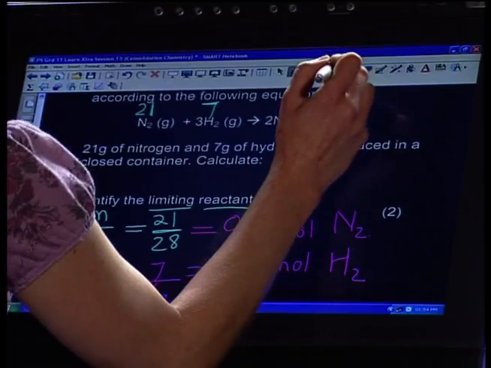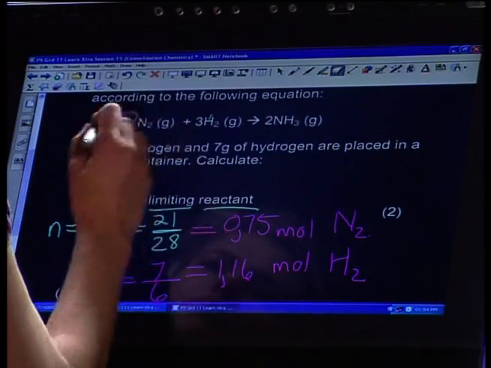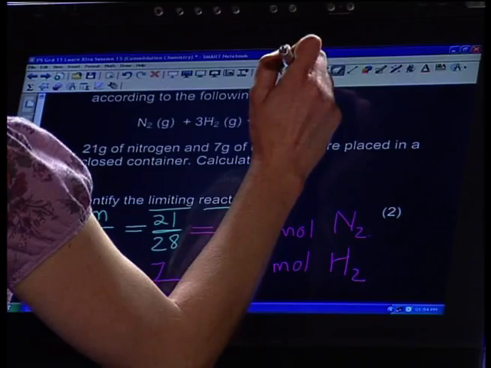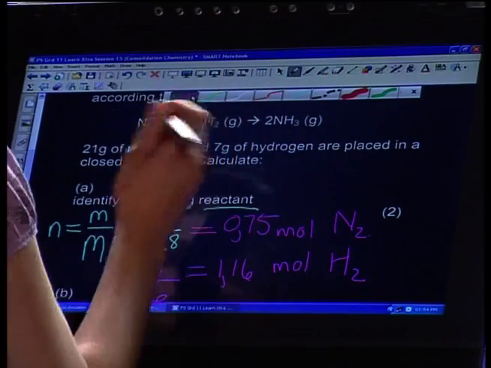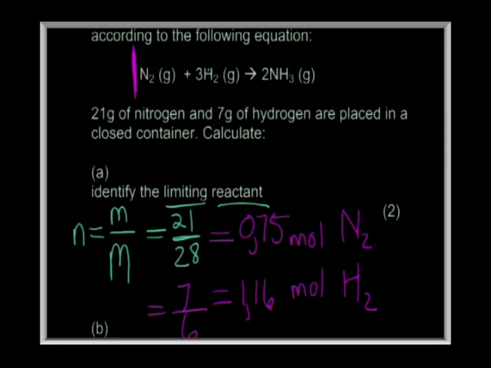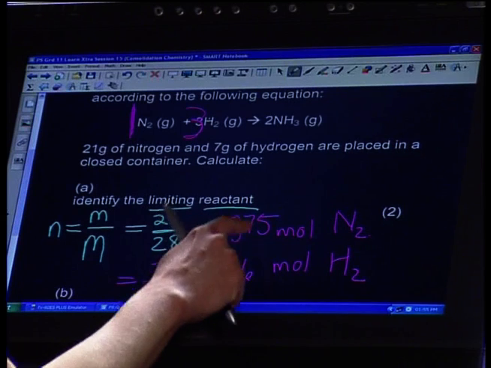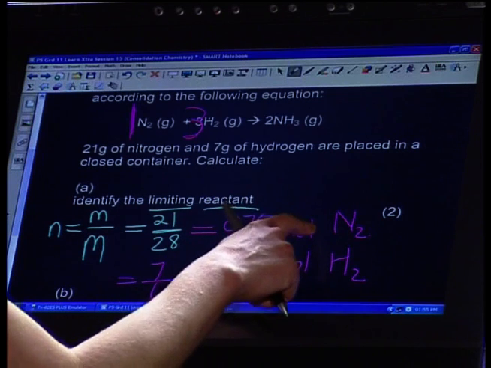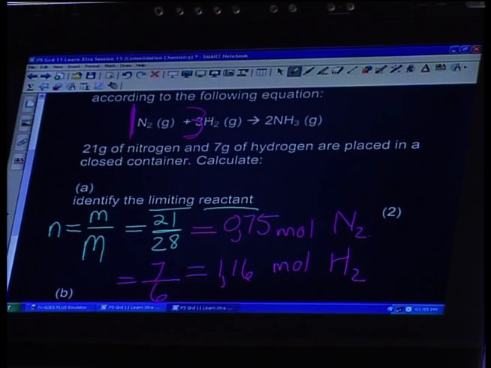Now, if we have a look at the balanced chemical equation, it's very important for this reason that you balance the equation if it isn't balanced already. For every 1 mole of nitrogen, I need 3 moles of hydrogen, okay? So if I'm going to use up all of my nitrogen, I will need 0.75 times 3 moles of hydrogen in order to react with those.